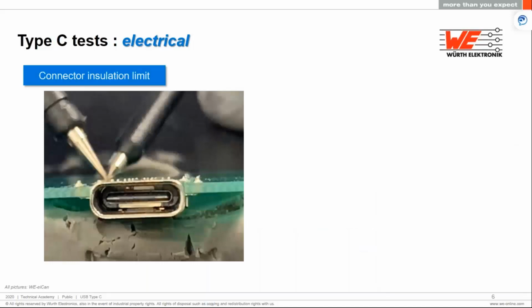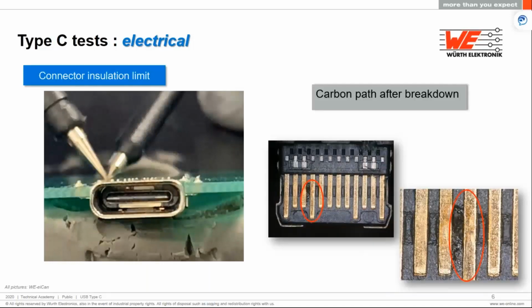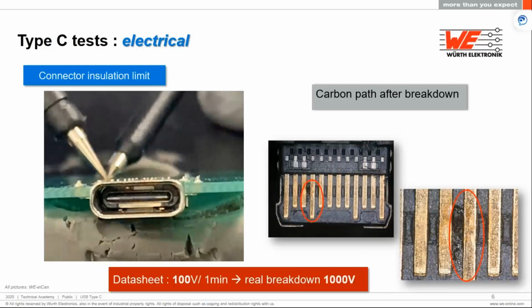Now, the USB Type-C 3.1 is specified for a working voltage of 20 volts and a dielectric voltage of 100 volts, although the real breakdown voltage could go as high as 1000 volts. The zoomed in picture over to the right shows a little bit of carbon traces in between the adjacent contacts. These traces are created because the connector was exposed to a higher voltage, closer to the breakdown voltage.